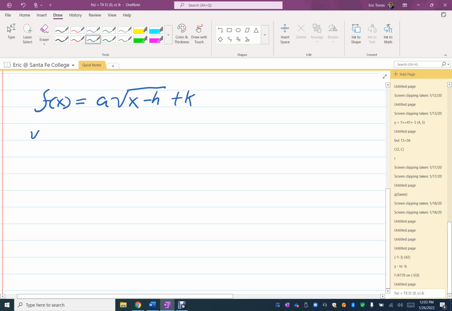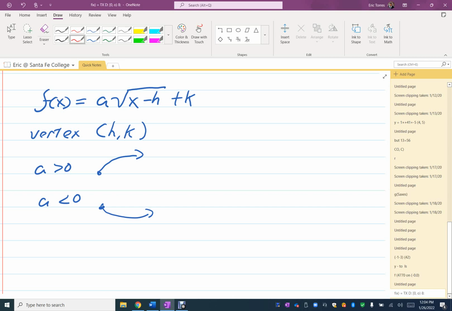So this has a vertex at the point h, k, and a couple of important pieces of information. If a is a positive number, we're looking at a graph that looks like this. However, if a is a negative number, we're looking at a graph that looks like this. We're just flipping it over. Instead of going up, it's going to go down, all depending on a.